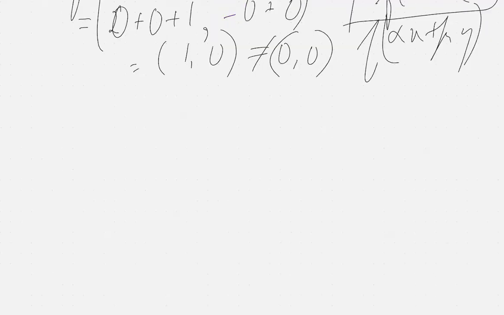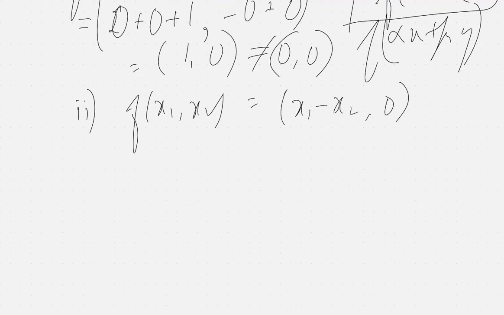Second is f of x1, comma x2 given to us as x1 minus x2, comma 0. Now over here, yes, f of 0, comma 0 will be equal to 0. So we will have to check the other way. Let us take two elements that belong to the domain R square.